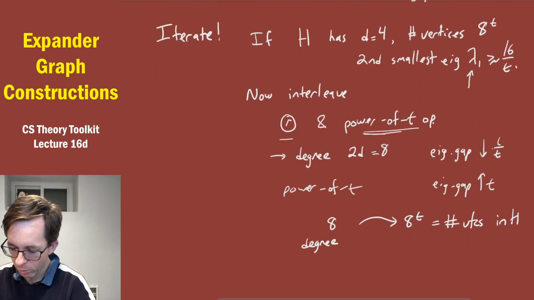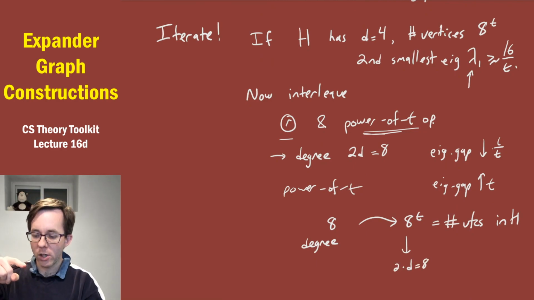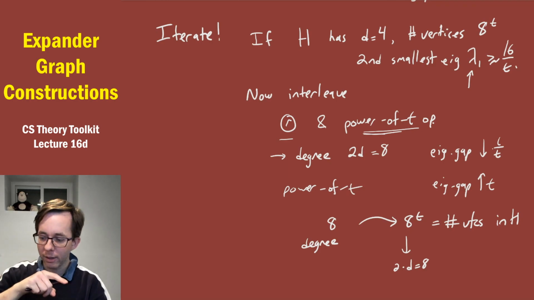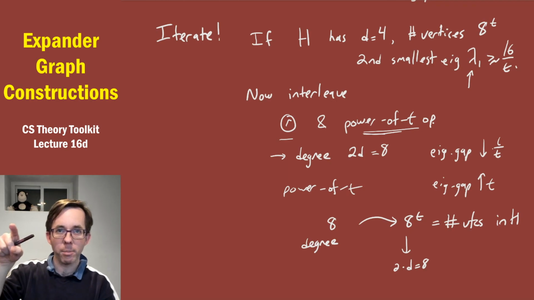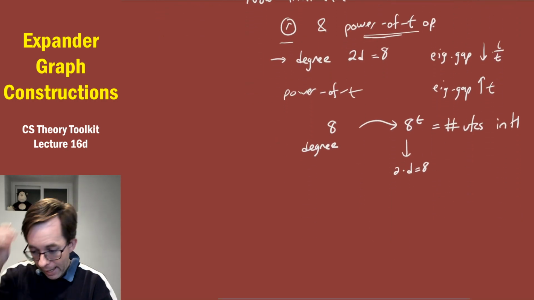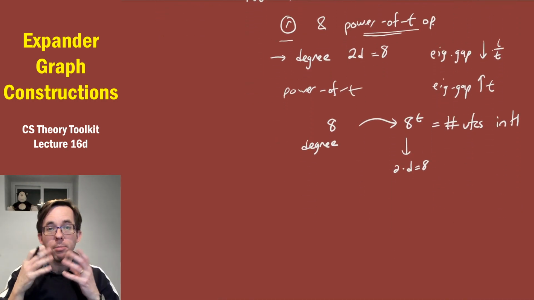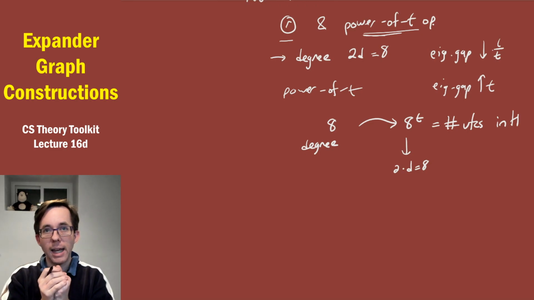And then when you take the replacement product, this goes back down to 2 times little d, which is 8. So the degree goes from 8 to the t back down to 8, and so forth. And the eigenvalue gap goes down by a factor of 1 over t, but goes back up by a factor of t, and so forth. This is great. It makes bigger and bigger graphs, constant degree 8, with eigenvalue gap some absolute constant.